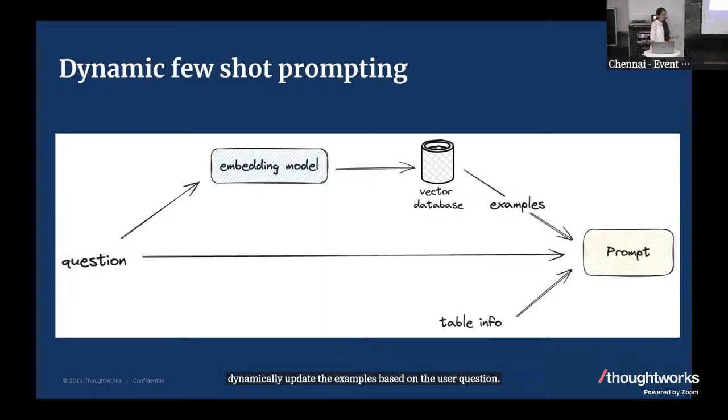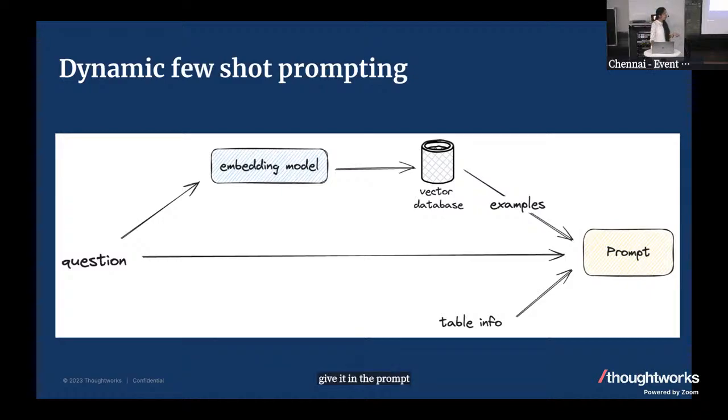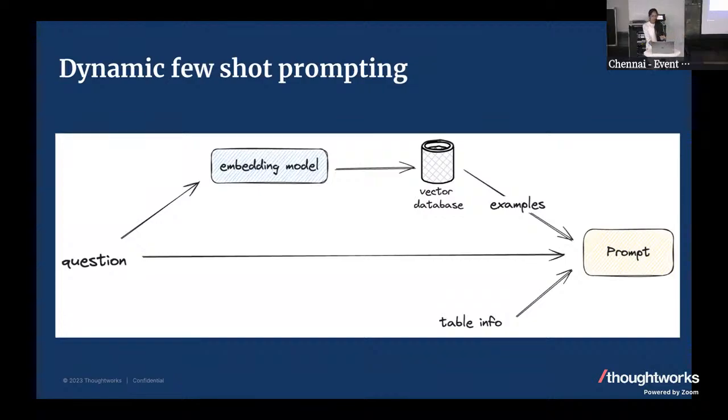What if the user wants to know the metrics that are used in the study, and I have examples related to how I can construct the query for metrics and dynamically give it in the prompt? Or what if the user wants something related to a complex field, and I already have the example somewhere and I'm able to dynamically give it in the prompt? That is what dynamic few shot prompting is.